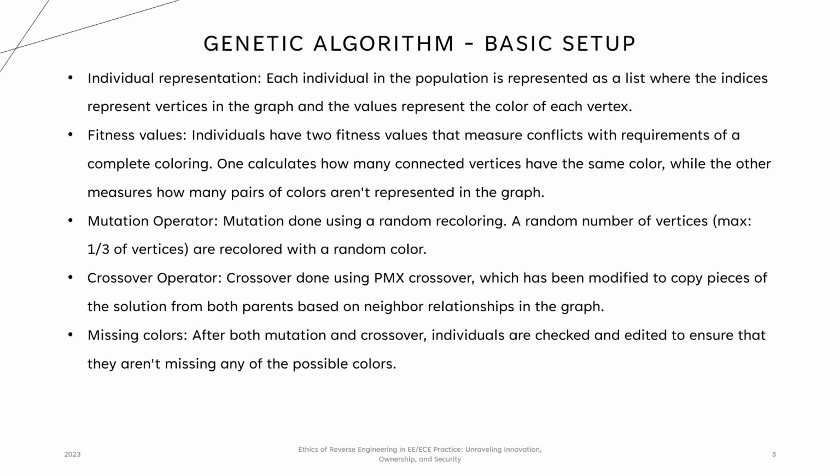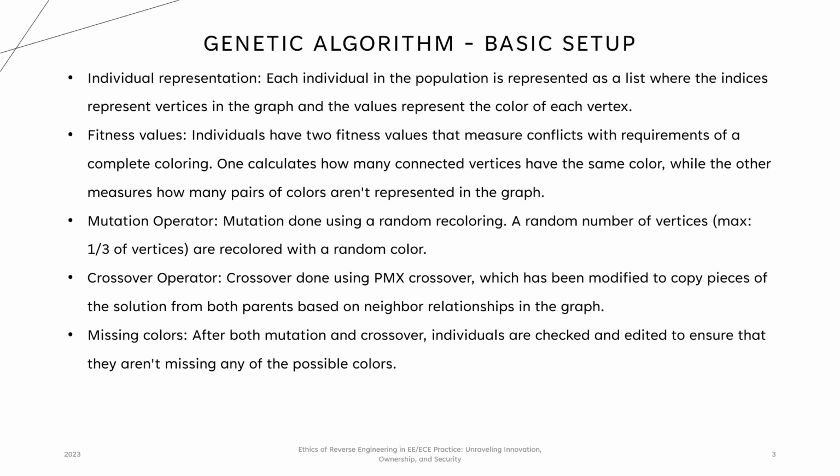Each individual has two fitness values, and these measure conflicts with the previously mentioned requirements for a complete coloring. One of these calculates how many connected vertices have the same color, which is in conflict with the requirements for a valid vertex coloring. And then the other measures how many pairs of colors aren't represented in the graph, which is the second requirement for a complete coloring.